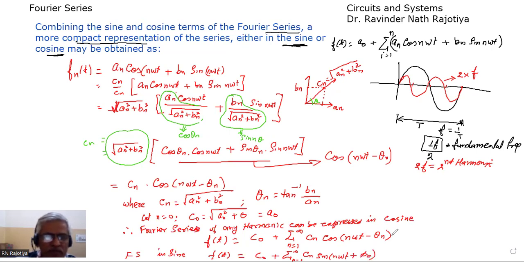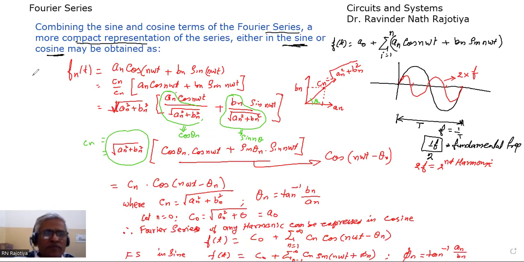So from here I can find out the value of phi n. This is nothing but tan inverse of an by bn. So you have got the equations, how to find out the compact form for any harmonic.